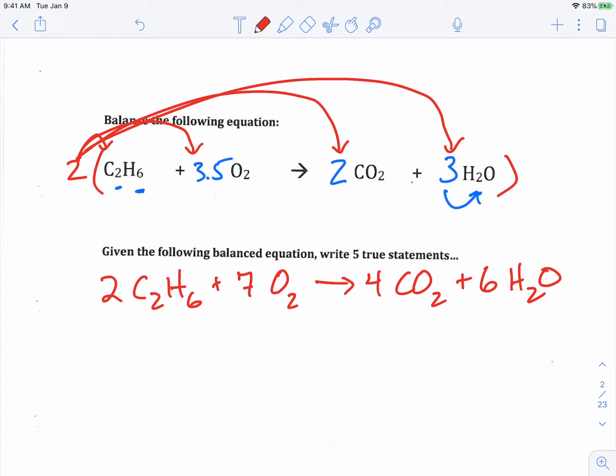Pause the video, take about 5 minutes. If you want to do a little Googling, you can do that. But see what you can come up with for 5 true statements that are related to this balanced equation. When you're done or you're stuck, go ahead and play the video, but give yourself a few minutes to think about it.